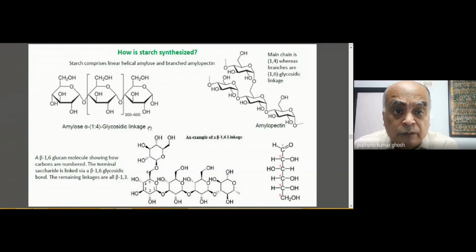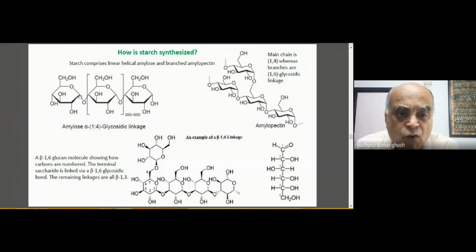As far as the amylose is concerned, the only difference is that whereas here you saw that one was being connected to three, now in starch, this is 1, 2, 3, 4. The fourth carbon is combining with the number 1 carbon from another unit. So it becomes a 1,4 linkage.